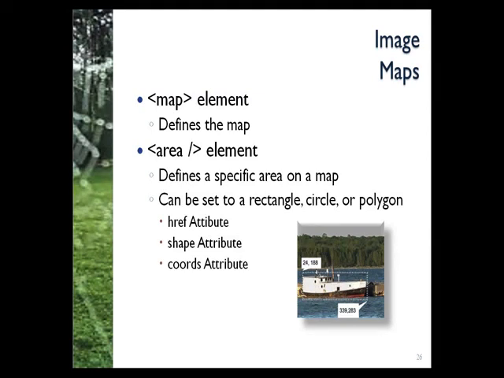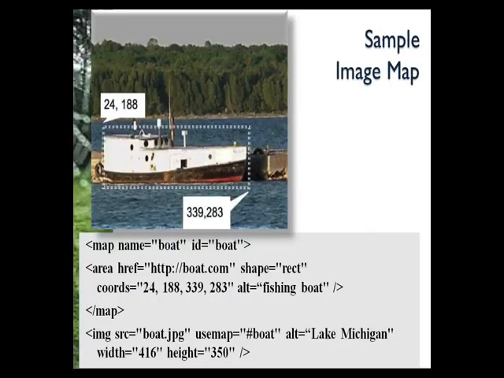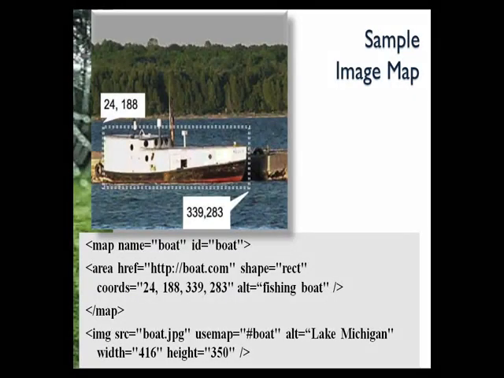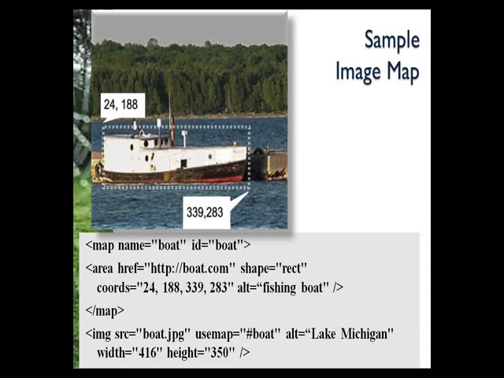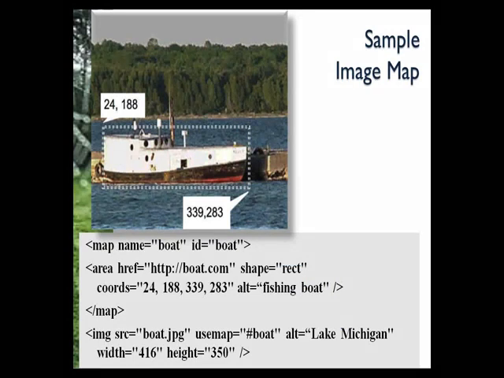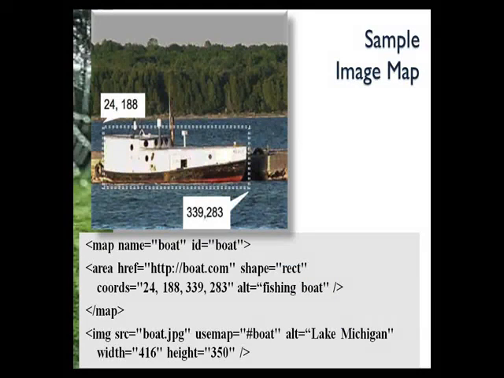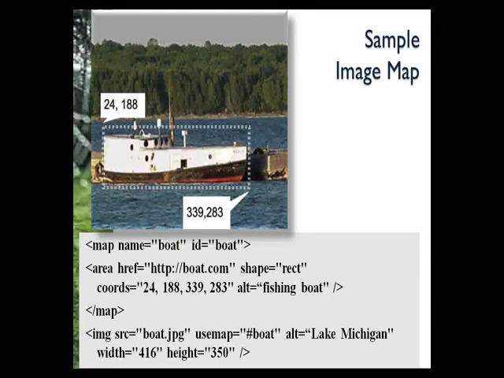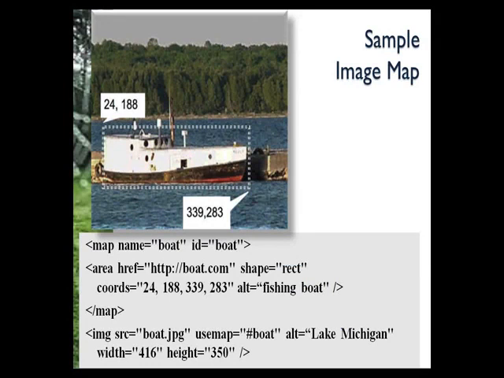The way that you do it is you give it coordinates. You have to designate the shape you want, a rectangle, here are the coordinates, and then it creates a rectangle in there. You can also do circles. I think those are the only two shapes you can do.